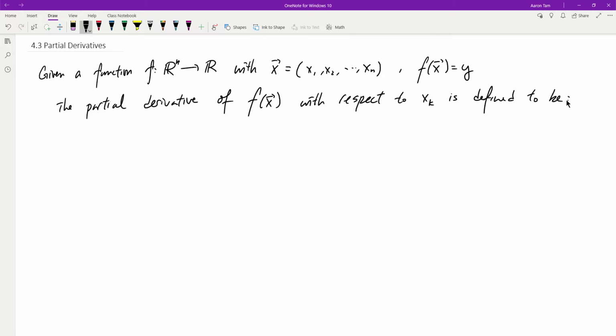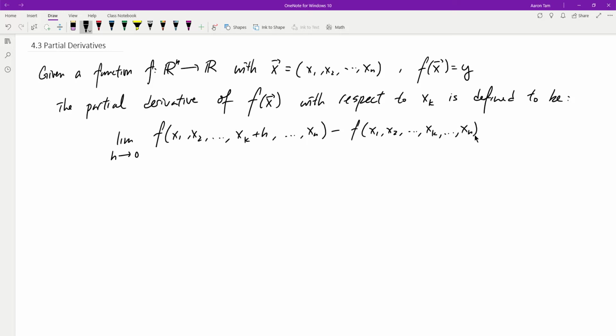So here's the formula. The limit as h approaches 0 of f of x1, x2, to x sub k plus h, to xn, minus f of x sub 1, x sub 2, to x sub k, to x sub n, over h.